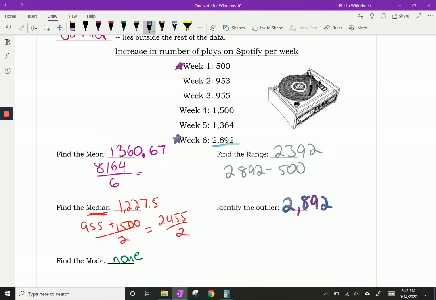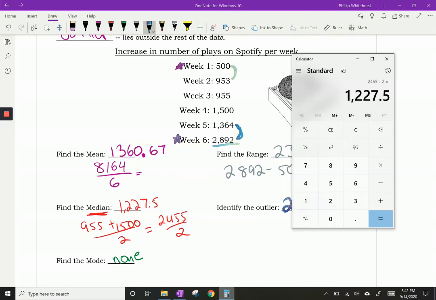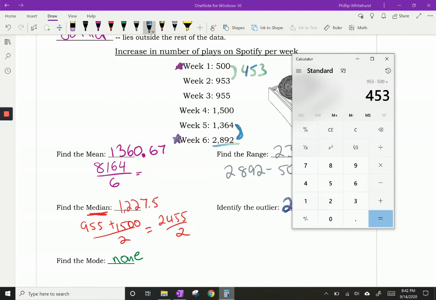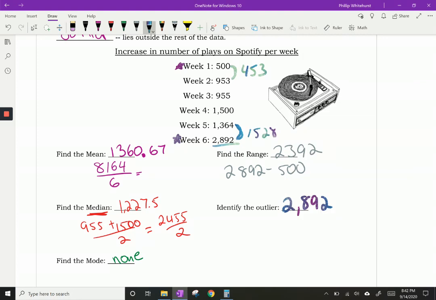Well, let's compare these numbers and let's compare these numbers. All right, 953 minus 500. There's only a difference of 453 there. But now if we look at week 5 and week 6, there's a difference of 1,500.